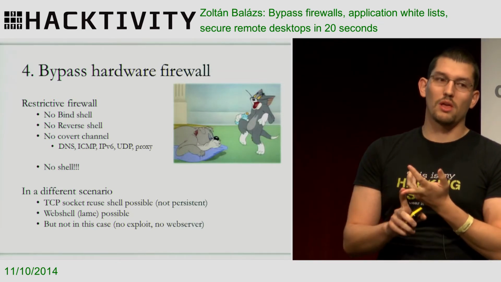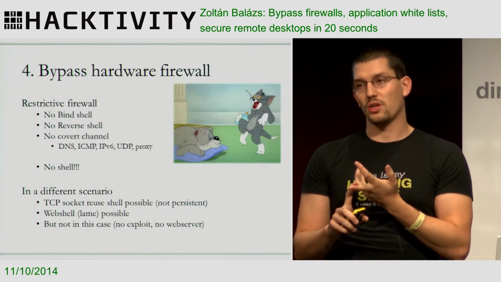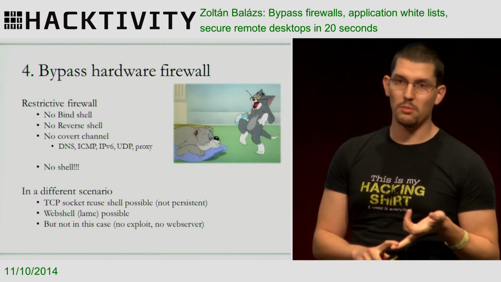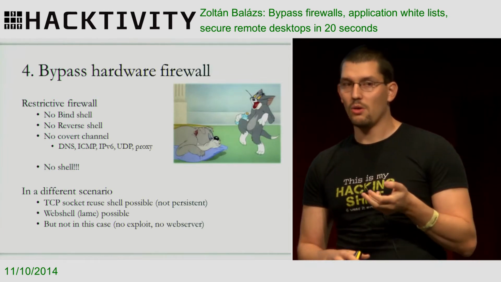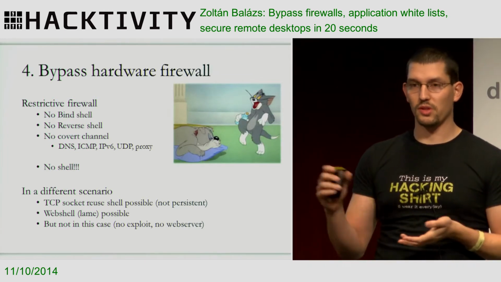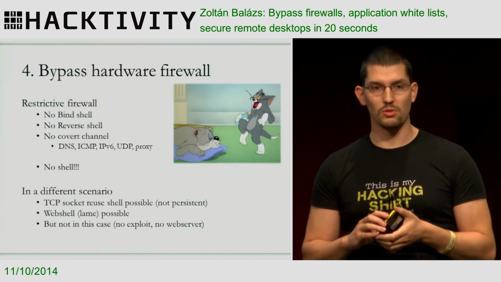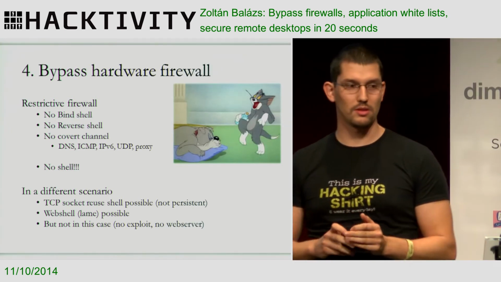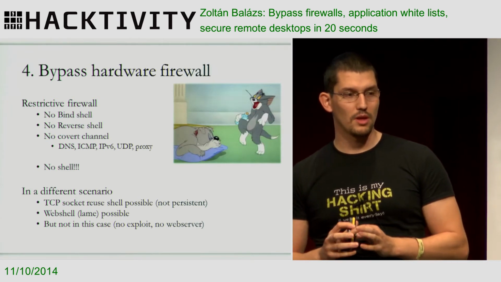And even in my case, every covert channel was blocked, like DNS or ICMP, IPv6, UDP, or even there was no proxy to hop my communication, which means I don't have shell, and this is very sad.